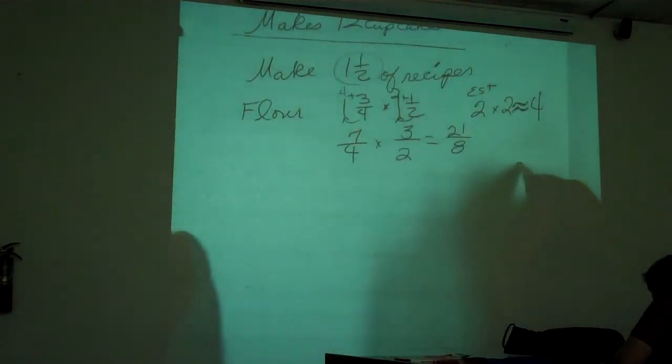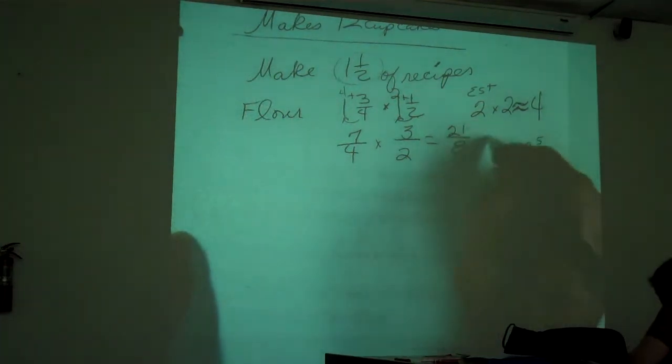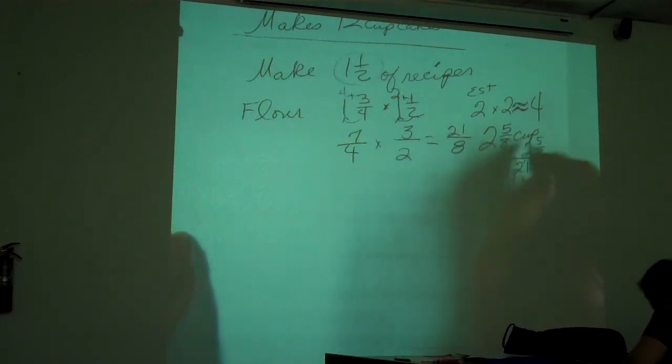Now convert it. 21 divided by 8, not quite 3, is it? 2, 2 times 8 is 16. When you borrow, there's 5 left. 2 and 5/8. So you have 2 and 5/8 cup of flour.